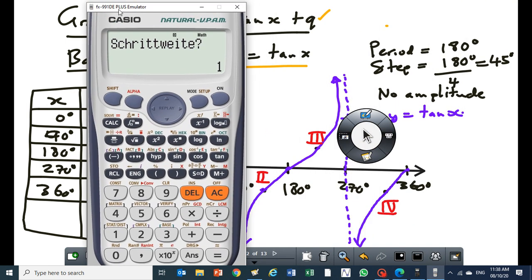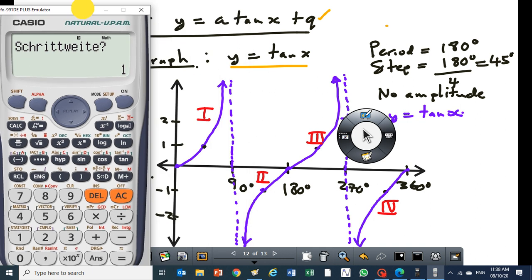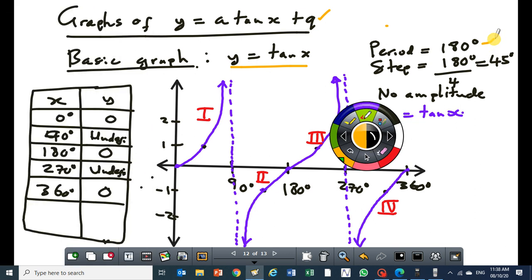Now pay attention carefully. The period of the tan graph, our function y equal to tan x, is not 360 like sine and cosine. It's 180 degrees.